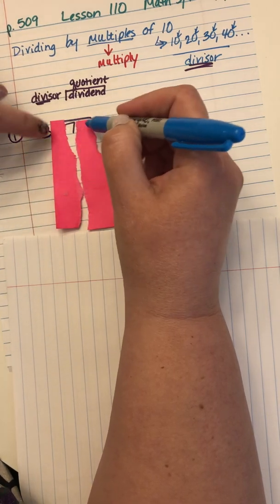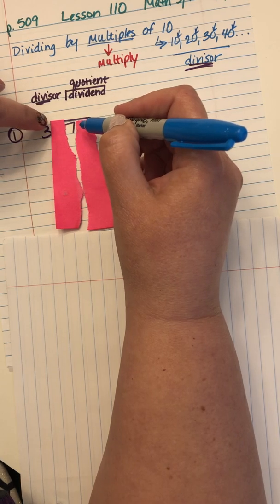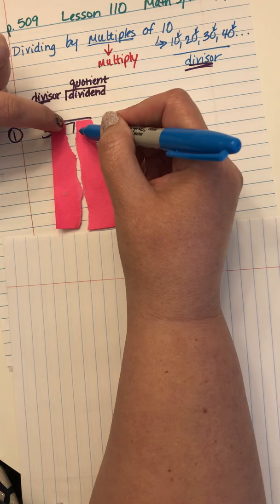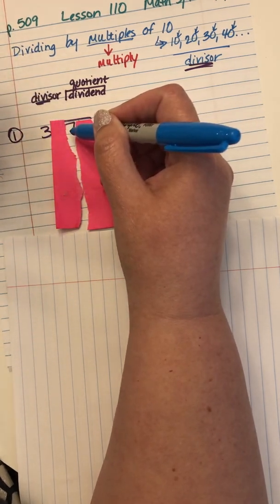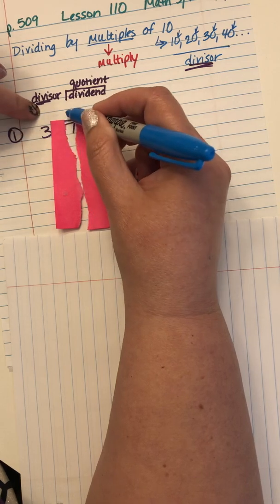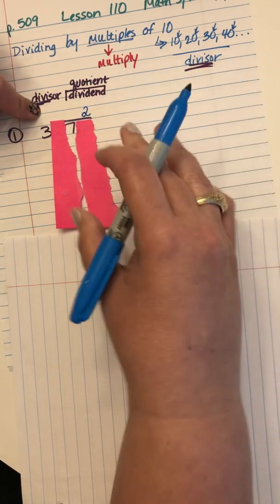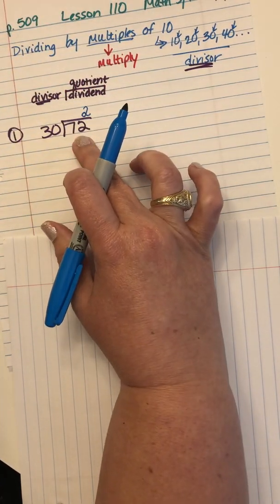We've covered these numbers up just to help us out, but they're still there. In reality, we're still dividing. The original problem was 72 divided by 30. We just covered these numbers up to help us. So my 2 goes over this digit that I'm actually dividing into, because I'm actually dividing into 72.